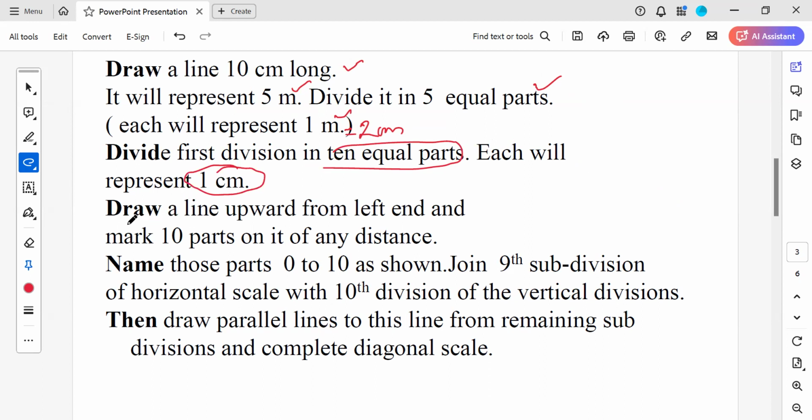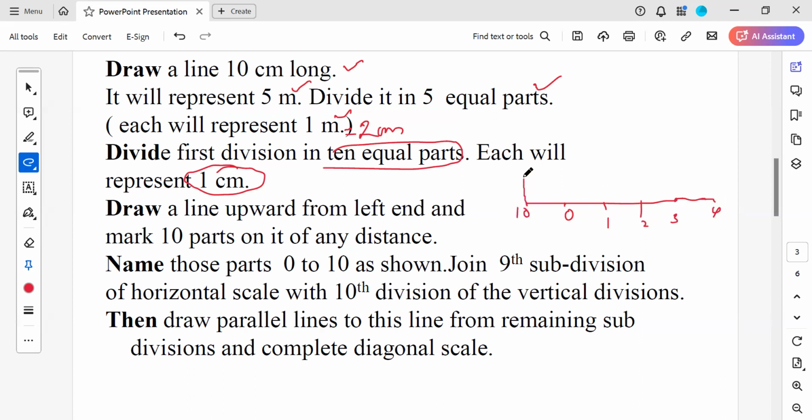Next, from the left end draw a line upward and mark 10 parts on it at any distance. So this will be 0, 1, 2, 3, 4, and this will be 10.